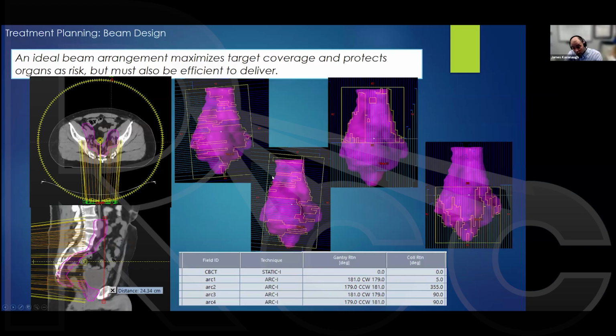But when you run into a longer target, in this situation where we're going fully inferior at the superior borders up to that L3, L4 junction, note it's about 24 cm long. That's much longer than the full extension of what the MLCs can do. So we approach this a little bit differently. We have that pretty standard 5 and 355 collimator angle.